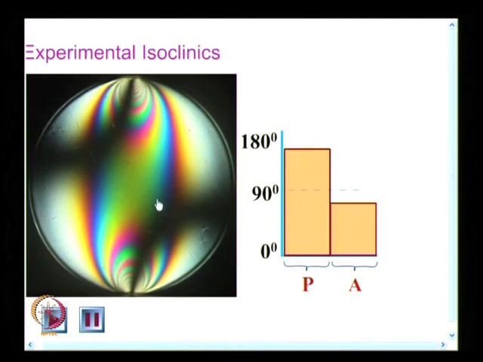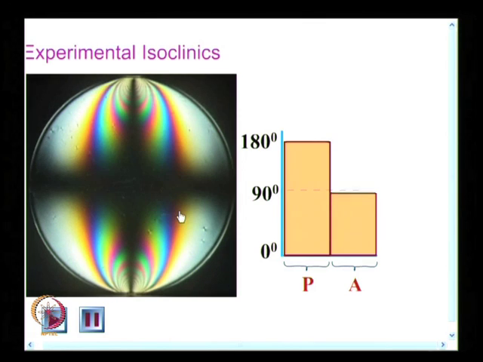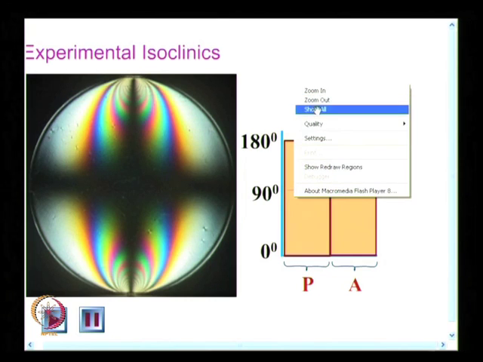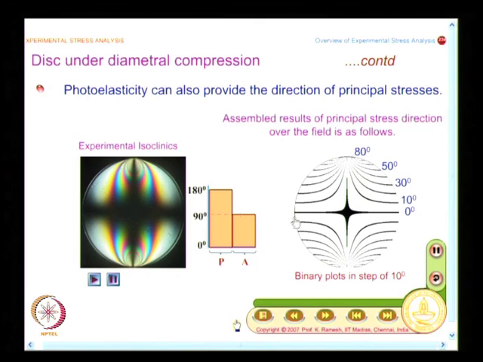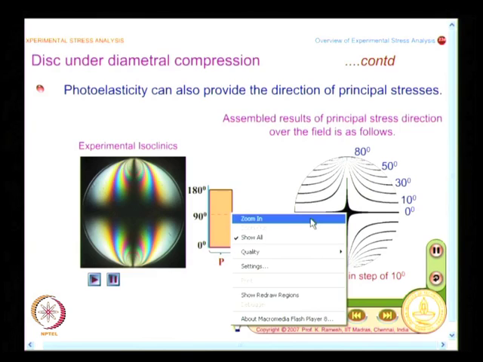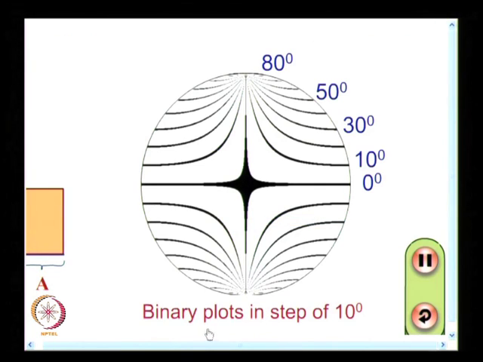So, from a data collection point of view, I have to set it at fixed angles and try to make a reasonable sketch of what these contours are, and that is what is shown here. I have the set of contours, which is a binary plot in steps of 10 degrees, and you make a sketch of it. So, I have to process this information and extract it in this form. I do not have an optical arrangement which would give me this set of contours directly.